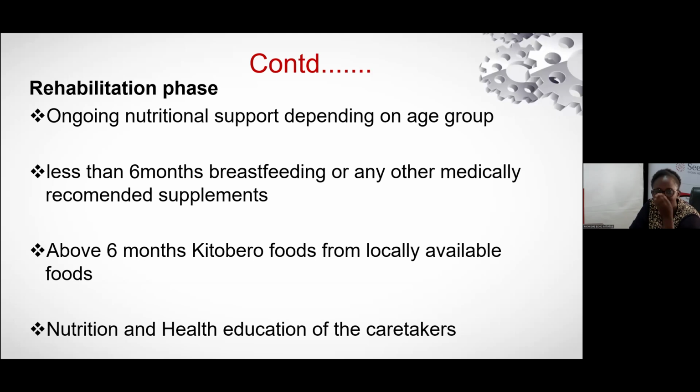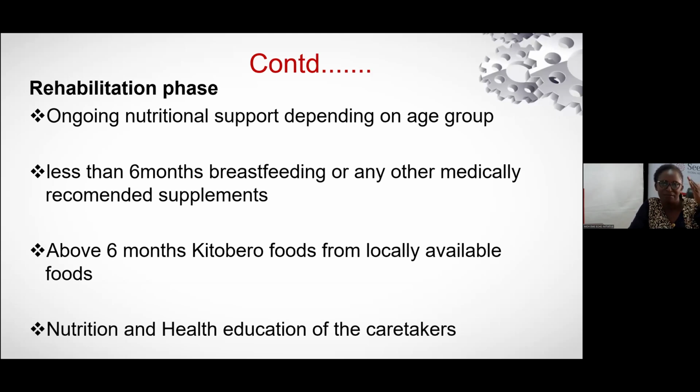You counsel the mother, including psychologically, is she willing? Then you relactate. If she cannot, then we offer other recommendations using IYCF or the MICAN guidelines. IYCF is the infant and young child feeding policy, or the MICAN guidelines, how to go about it.